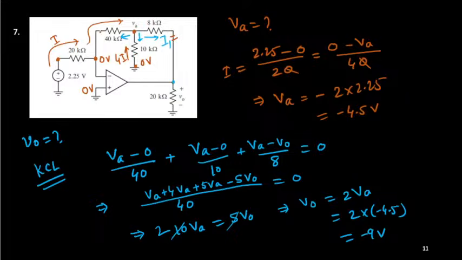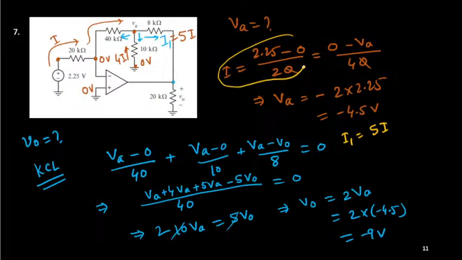This current is I, this is 4I, so total will be 5I. So what is the I1 current? You can easily find this one. So I1 is simply 5I.